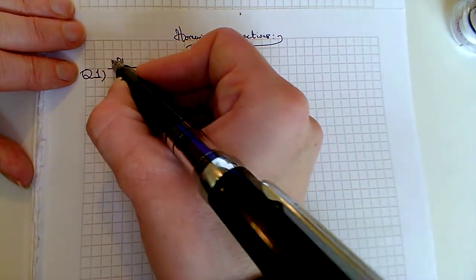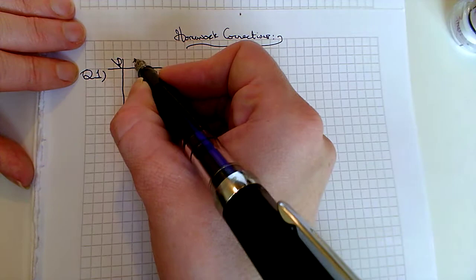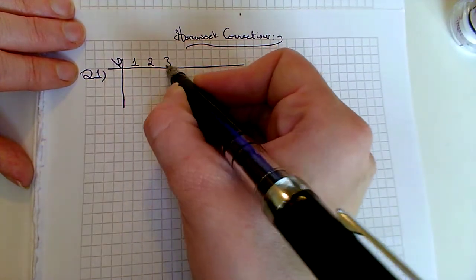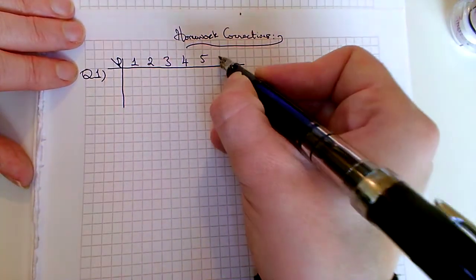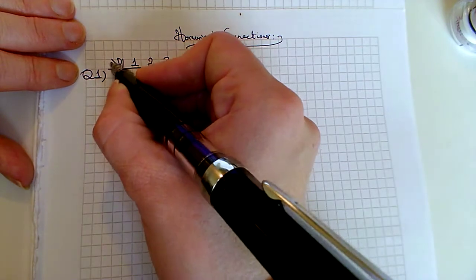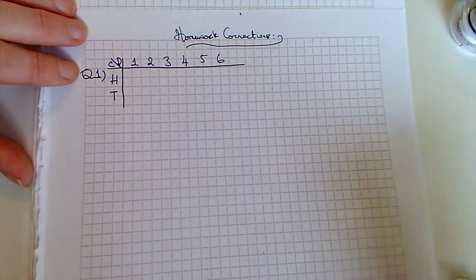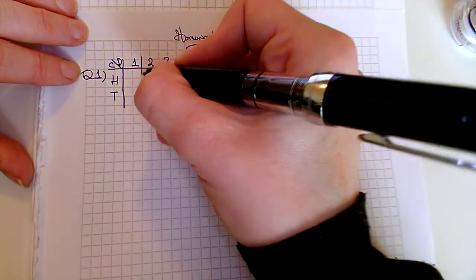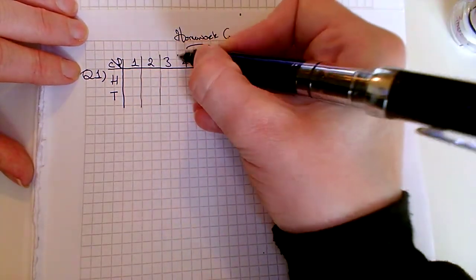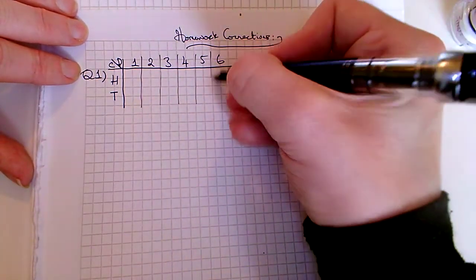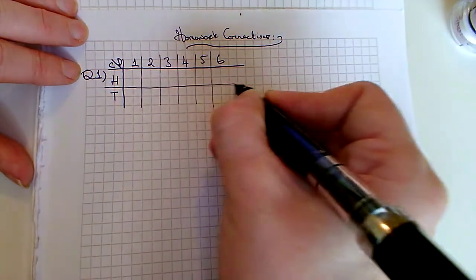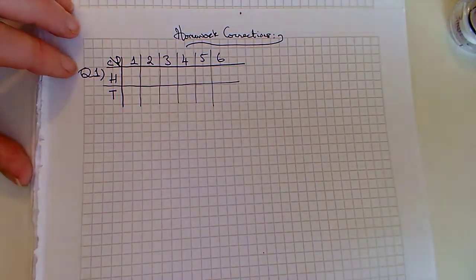So for the die, we had the possibilities of 1, 2, 3, 4, 5, and 6. And for the coin, we could either have had heads or tails. They gave us one example of how that might be filled in. I'm just going to make some boxes here because it makes it a little bit easier to read them.